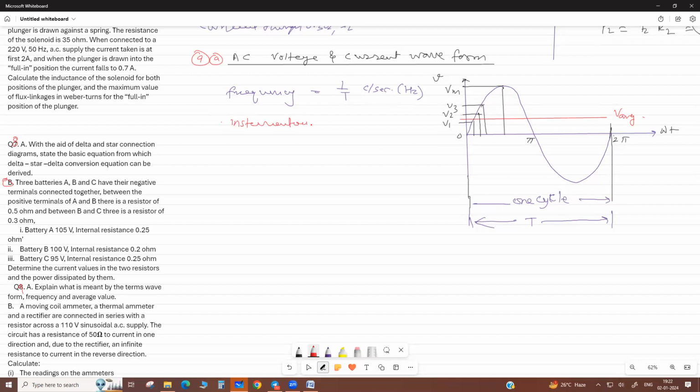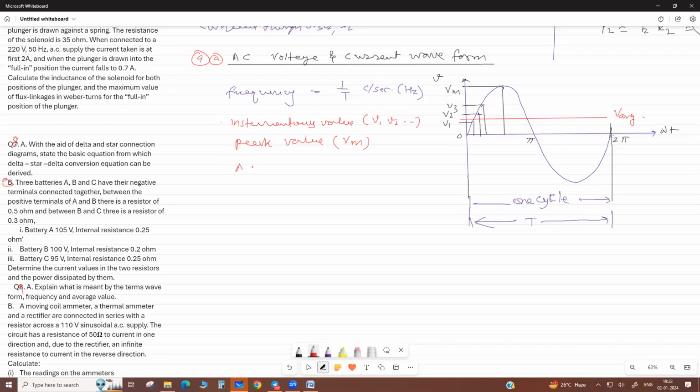Instantaneous value, then peak value, or maximum peak value. This is represented by Vm. This is like V1, V2.